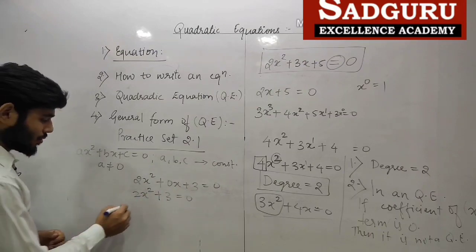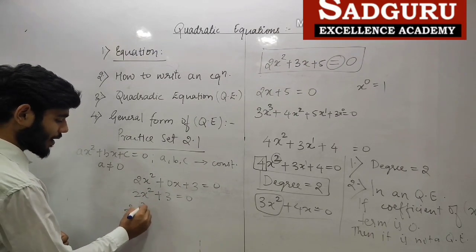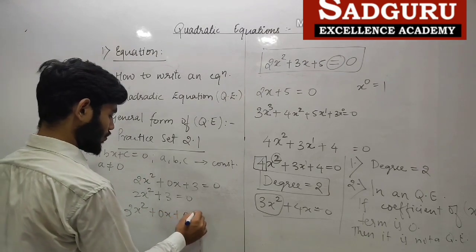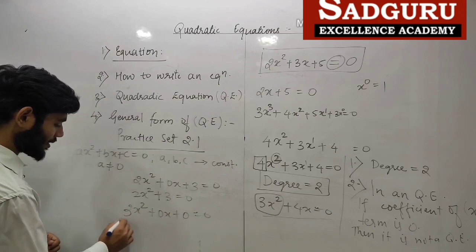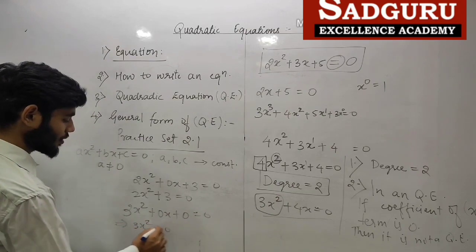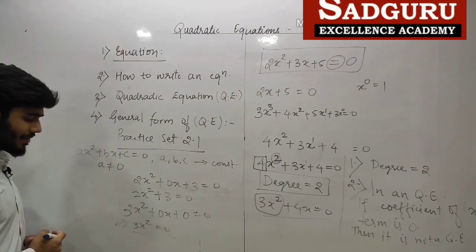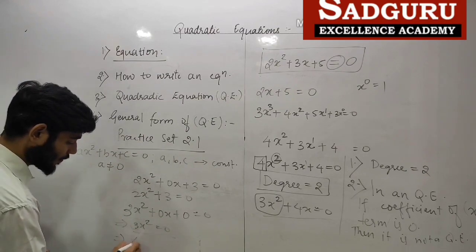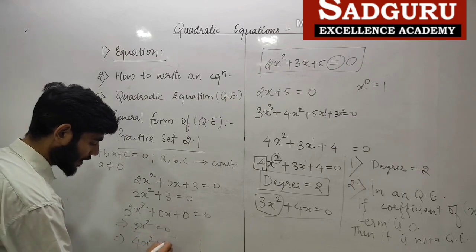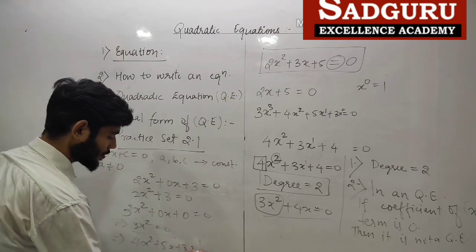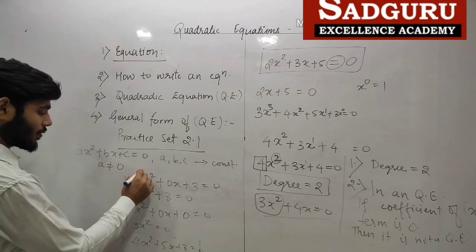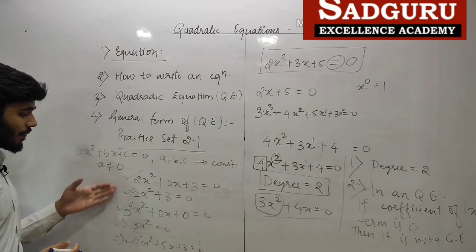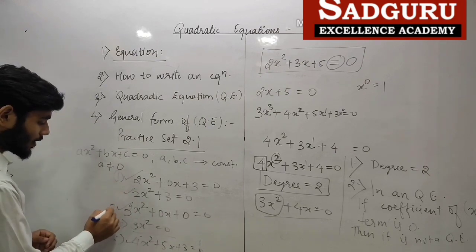This term also can be 0: 3x² + 0x + 0 = 0, so you can write it as 3x² = 0. This is also a quadratic equation. But this term cannot be equal to 0. So 4x² + 5x + 3 = 0. So we have written 3 quadratic equations.